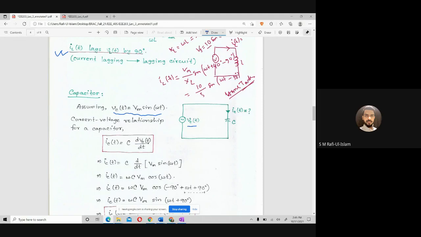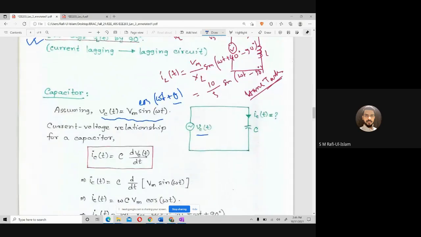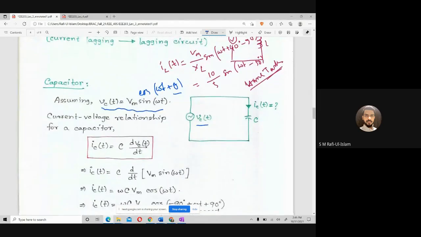I can give other examples, like I can put in cosine here, or instead of omega t, I can put in omega t plus theta. So when you plot the waveform, depending on the plus or minus, it will be lagging or leading with respect to the original zero point. Other than that, there will be no differences.